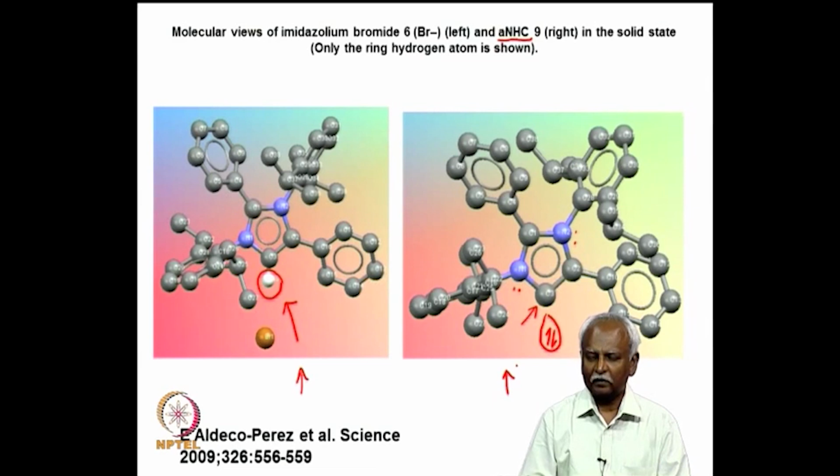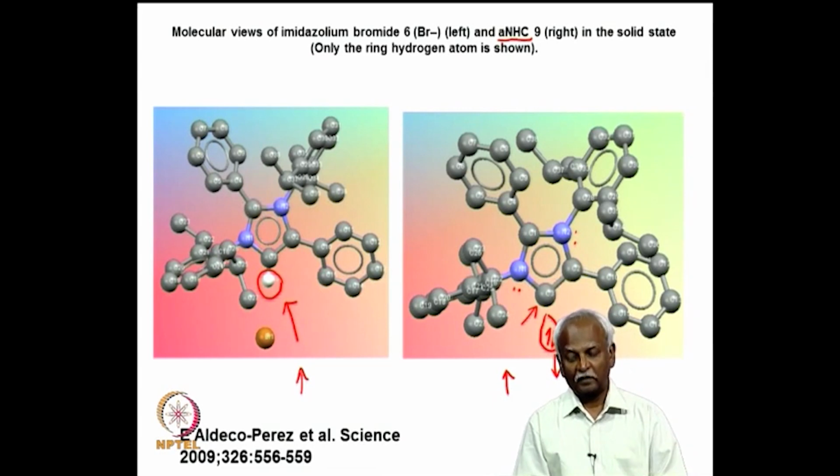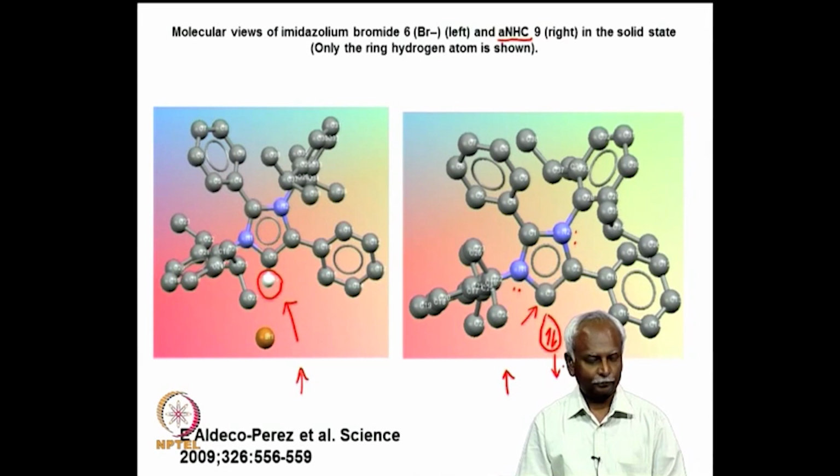And the lone pair that is available for donation to the metal atom is in the plane of the ring system and perpendicular to the plane of the pi system. So, the carbene and the imidazolium cation were characterized perfectly using single crystal structure determination, and so we have a good idea about how the bond distances vary in these ring systems as well.